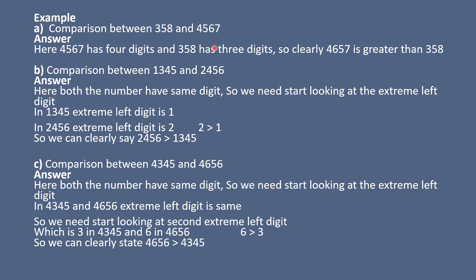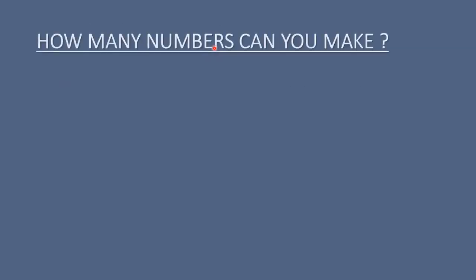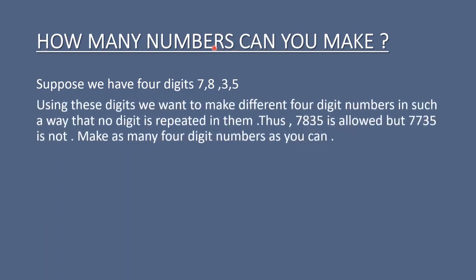Now the question is, how many numbers can you make? Suppose we have 4 digits: 7, 8, 3 and 5. Using these digits, we want to make different 4-digit numbers in such a way that no digit is repeated in them.